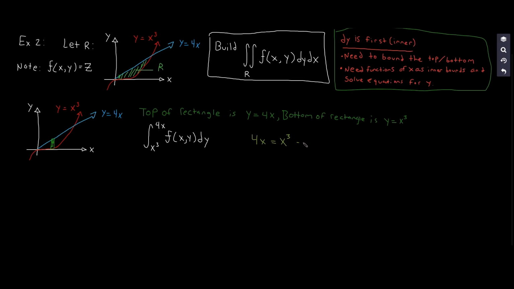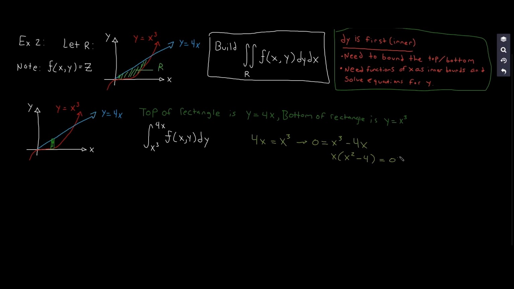Then with that, I'm going to move that 4x over. Then x cubed minus 4x equals 0. From this, I'll factor out an x from both of these, so then I'll have x times (x squared minus 4) equals 0.